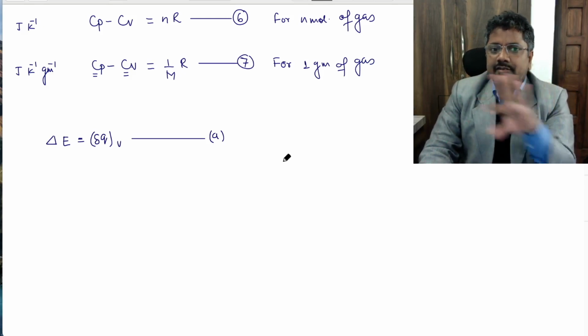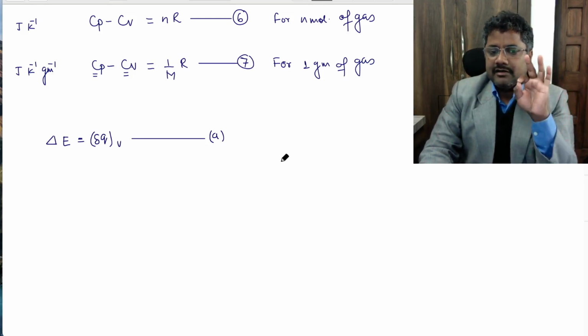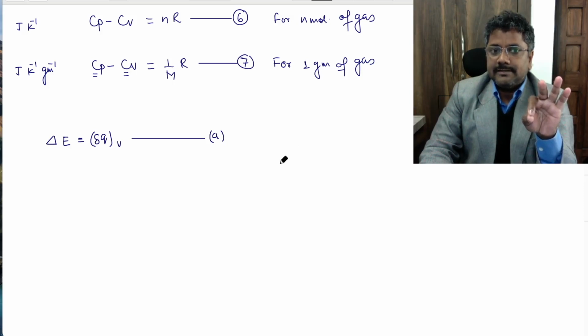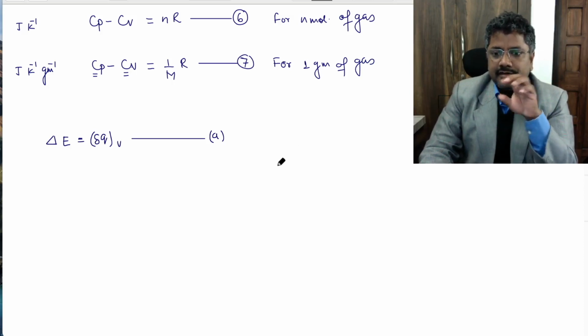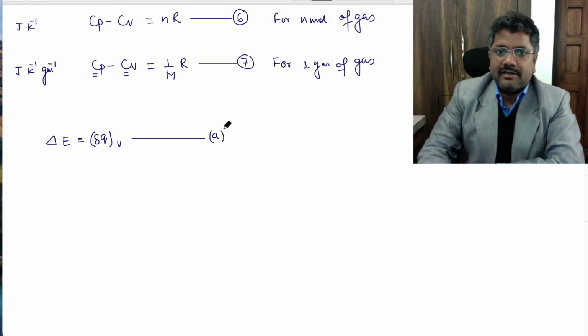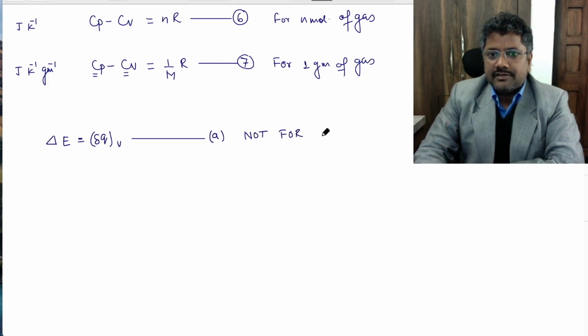You cannot use this formula for chemical reactions.